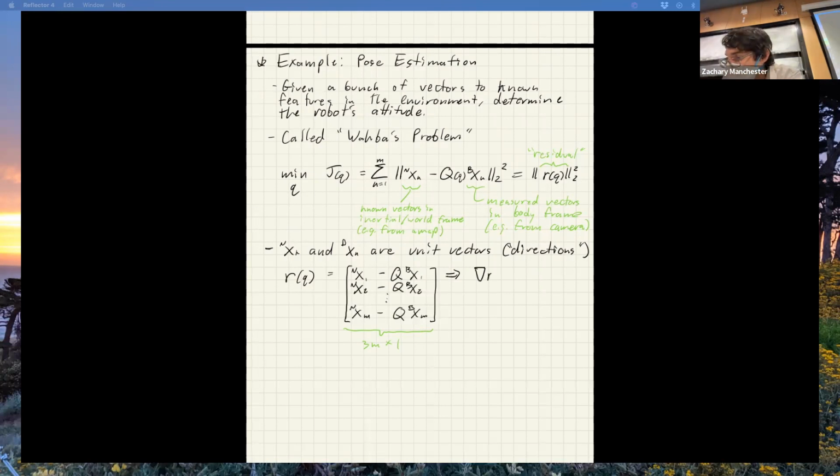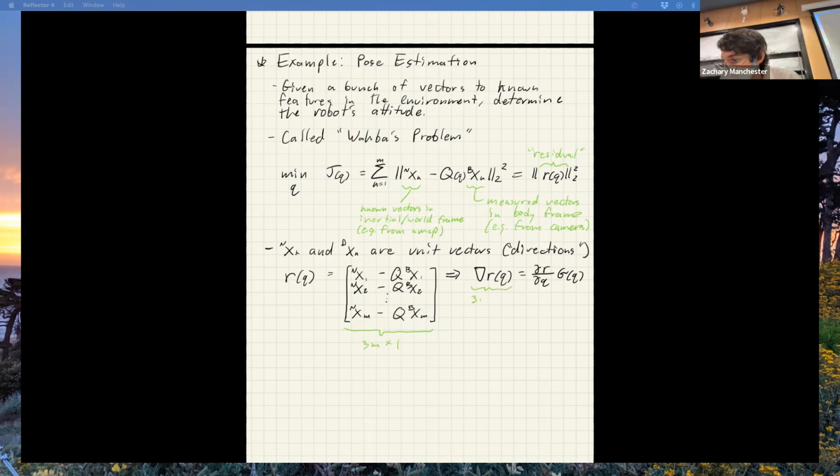And if I do my chain rule thing, what I want is the Jacobian of this thing as a function of q. We're going to just do the chain rule, and we're going to get partial r, partial q, treating it like a 4D vector, times the attitude Jacobian. And if we eyeball the dimensions, this all makes sense.